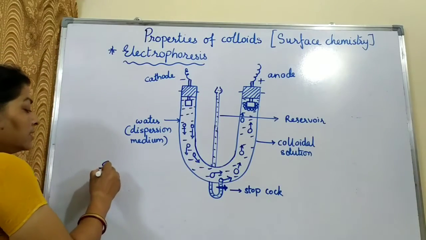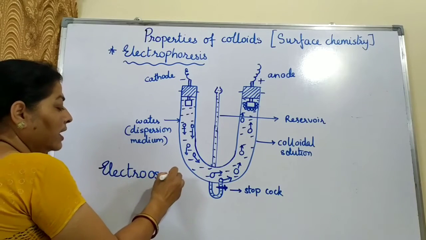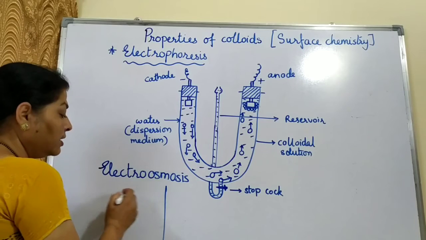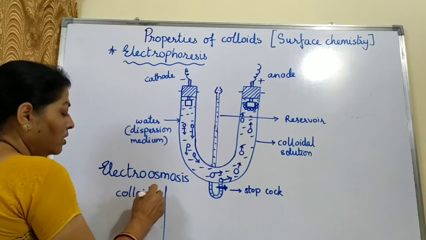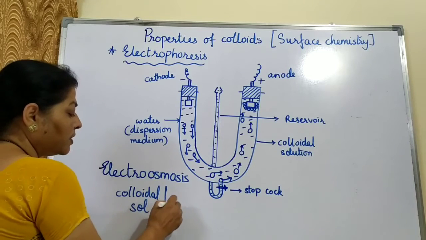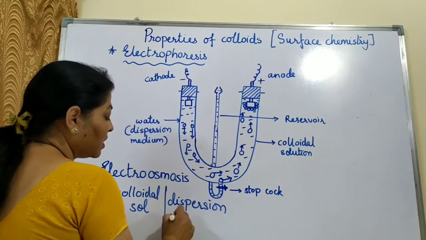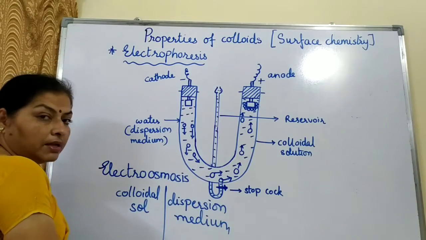Another property is electroosmosis. Electroosmosis means that the colloidal sol and dispersion medium are separated by a semi-permeable membrane.